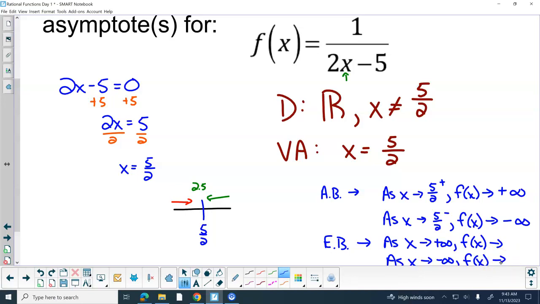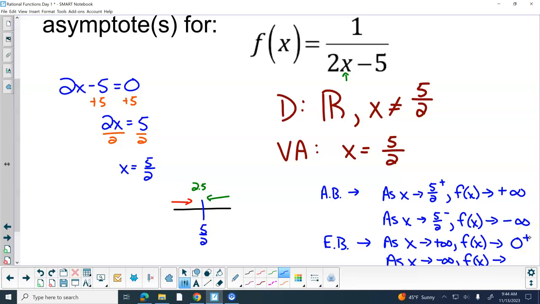Let's say 1,000. 2 times 1,000 is 2,000, minus 5 is 1995, right? Great year. 1 divided by 1995. Really, really small, right? Positive or negative? Positive. So this is going to go to 0 from above.